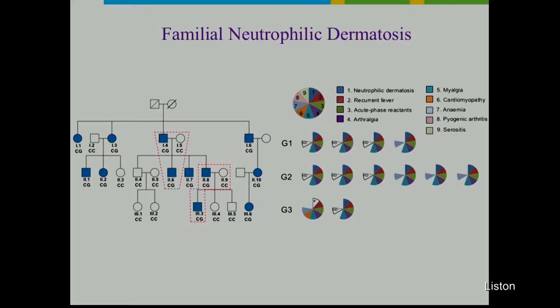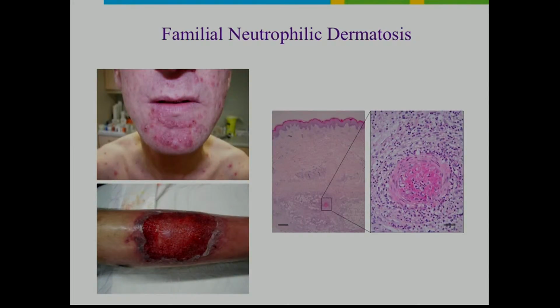And the most striking thing is that they have this really severe skin disorder that's completely missing in the case of familial Mediterranean fever. So this is the skin disorder. In the least severe cases, you have what looks basically like a severe acne, while in the most severe cases, you get these skin lesions that really just take months or even years to heal up under intensive treatment.